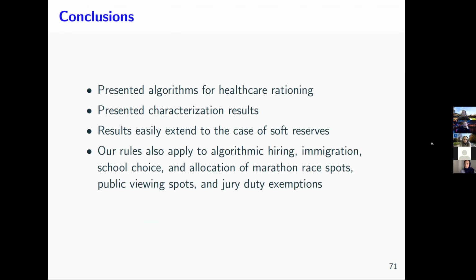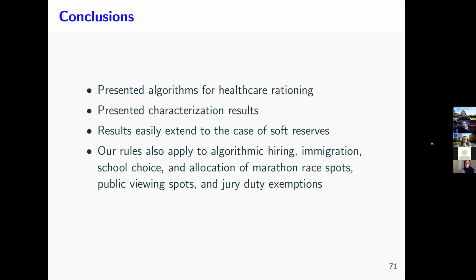So to conclude, people have been looking at abstract principles on how to make allocation decisions in ethics circles for a number of years. But Pathak et al. very nicely connected a very well-established piece of market design, which is matching market design, with this literature on healthcare rationing.